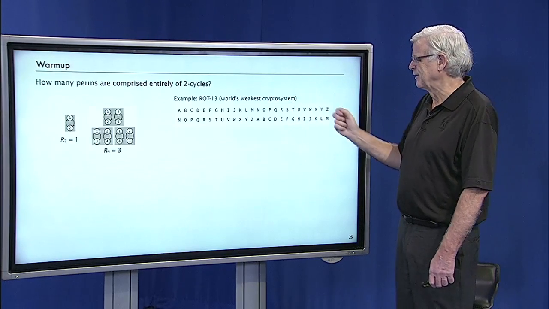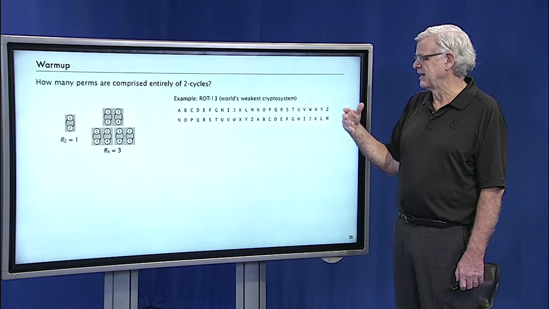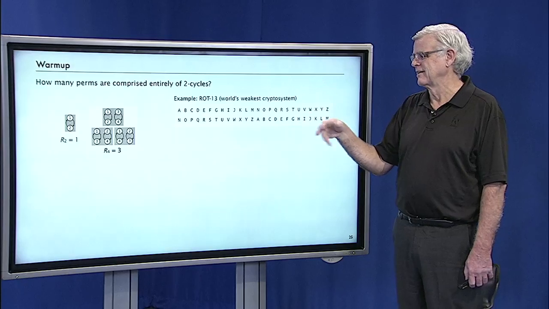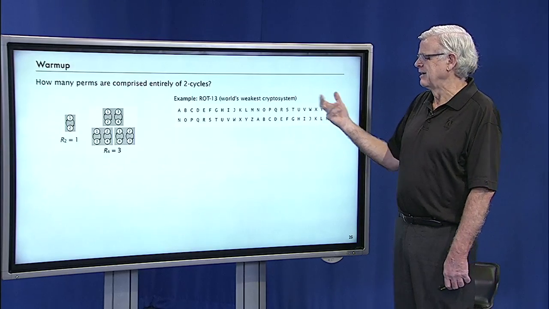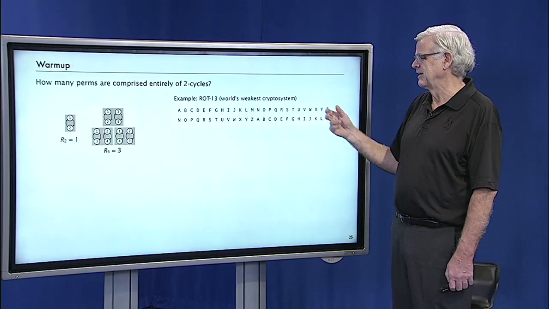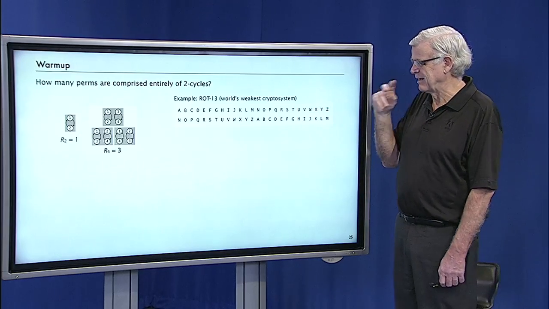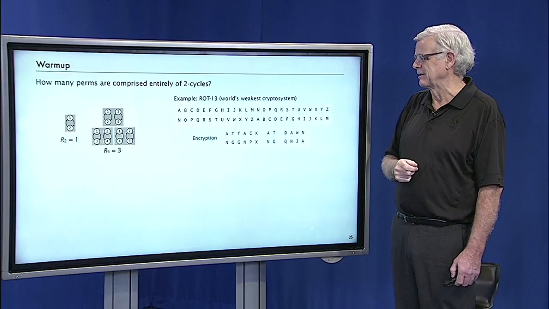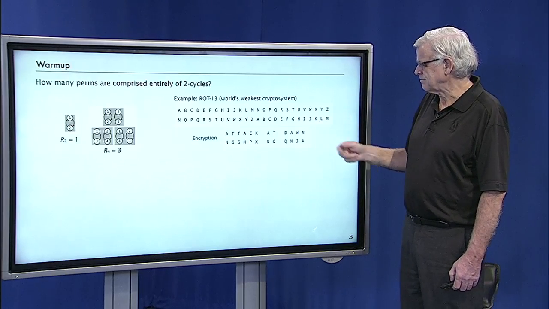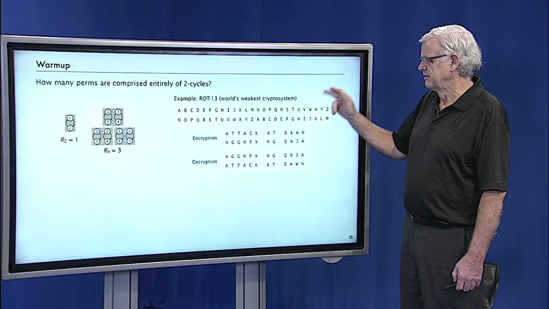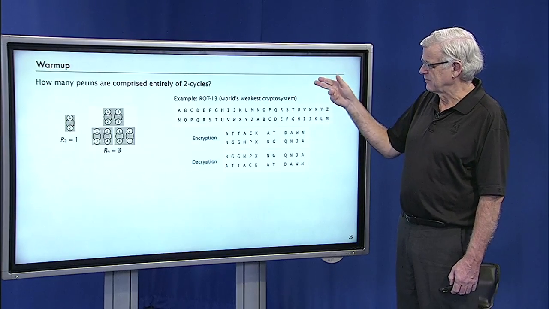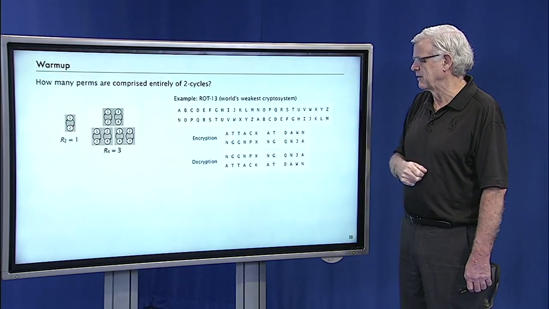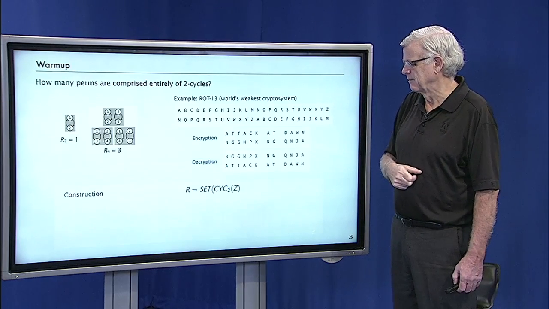It's a very light crypto system that hackers use to lightly hide content that may be inappropriate, but you have to be able to decrypt it this way, so nobody gets offended if they run across it accidentally. Again, since it's 2 cycles, it's a reciprocal cipher, so you use the same table to decrypt and encrypt.